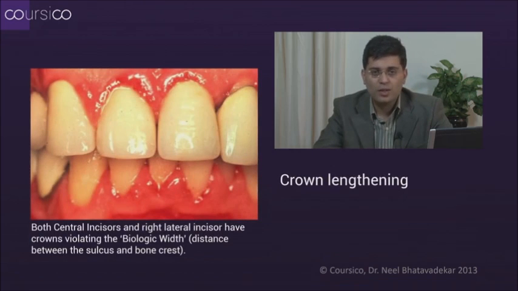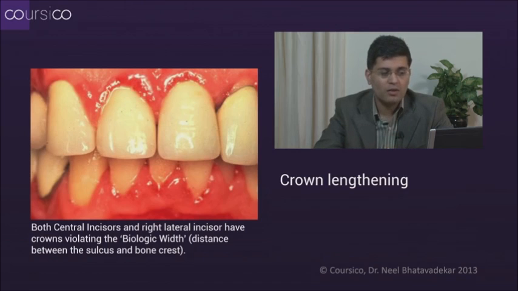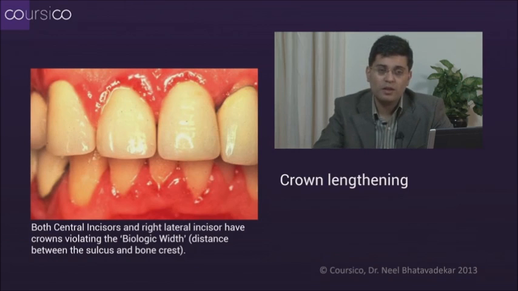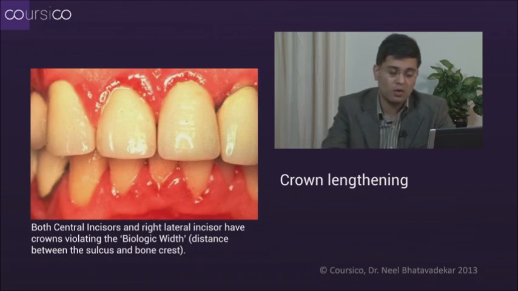If you see both central incisors in this photograph, you can observe that the gingival margins around both the incisors seem really boggy, the margins are inflamed, and both these crowns were placed a few months ago. Now, in spite of repeated debridement, repeated scaling, the patient keeps reporting back with this. So obviously it's not really a problem with oral hygiene, but the problem is something called impingement of biological width.